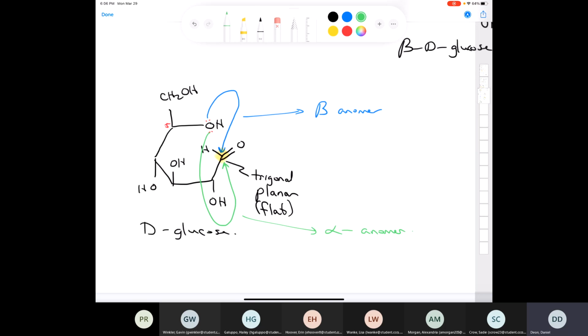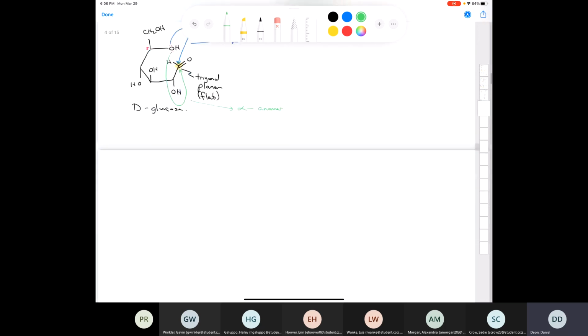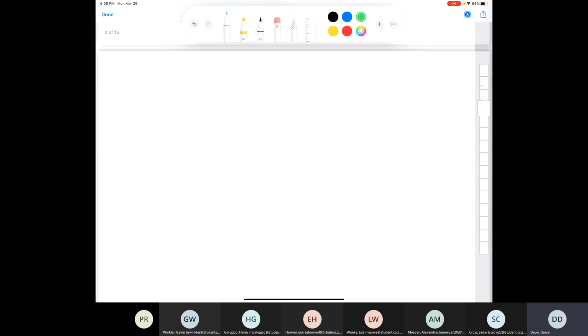Let's try a question, which is, we'll try one more, and then we're going to call it a night. And then again on Wednesday, we'll do some more review. But I want to try question 16.77 with you. 16.77, which simply asks you to draw the structure of maltose. Okay, so it kind of just says draw maltose, but then it gives you some information about maltose.